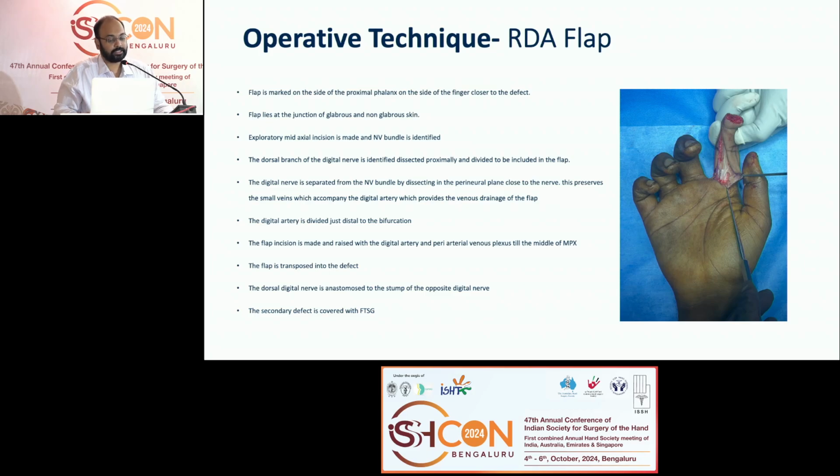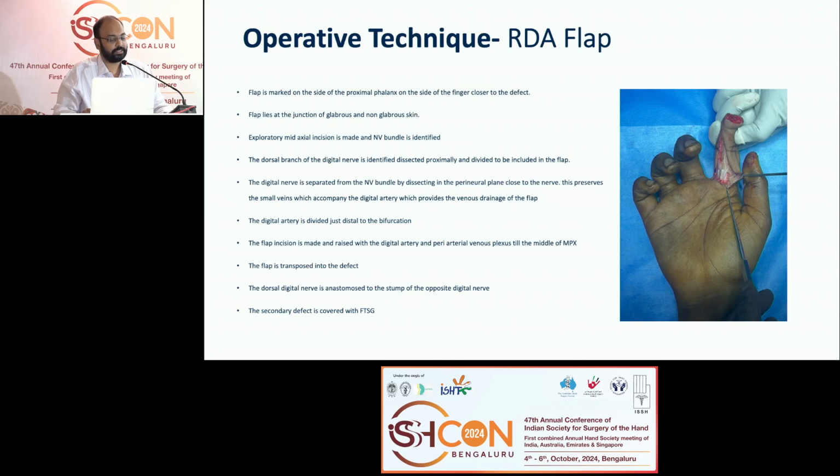The digital nerve is separated from the neurovascular bundle by dissecting in the perineural space close to the nerve. This is a key point because this preserves the small veins which accompany the digital artery and which provide the venous drainage of the flap. The digital artery is then divided just distal to the bifurcation of the common digital artery.